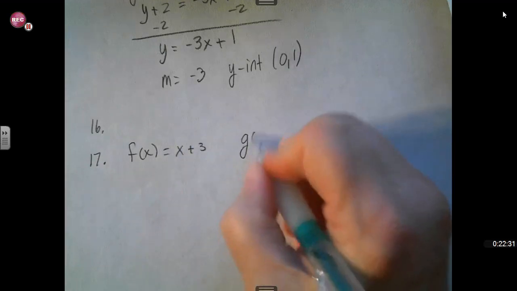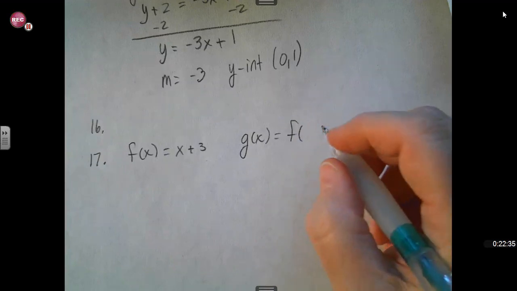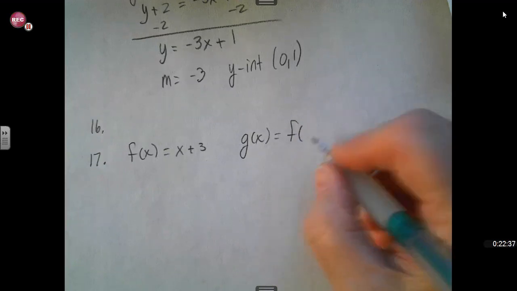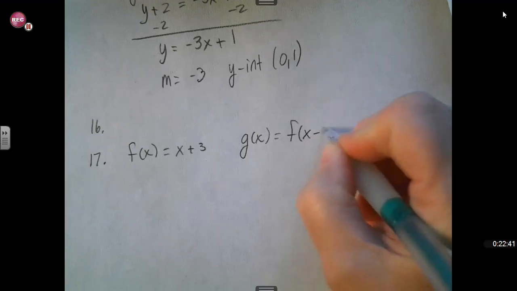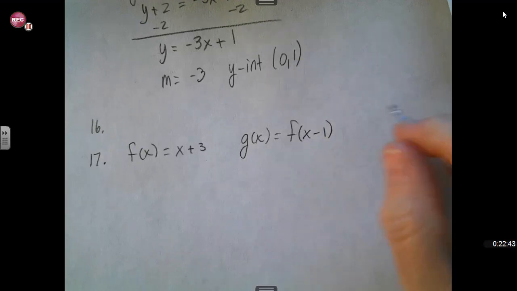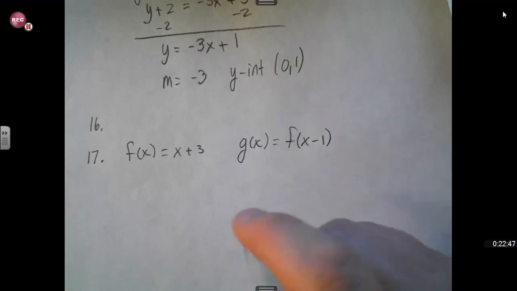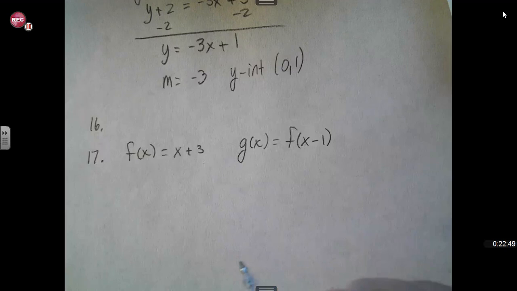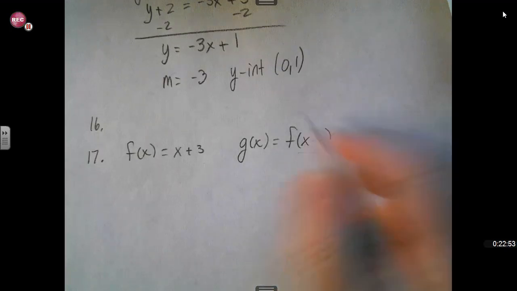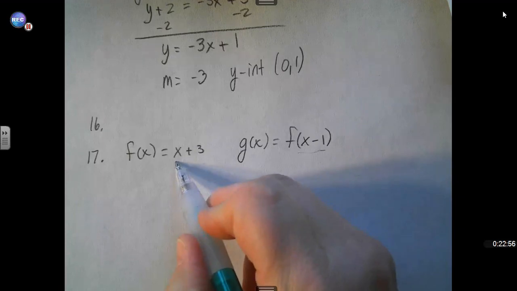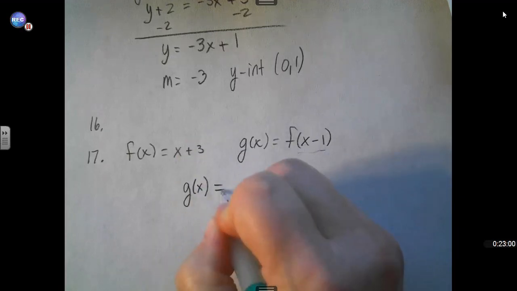And g of x is f of x minus 1. And this is just assessing whether or not we understand function notation. And what this is asking us to do is to take x minus 1 and plug it into f for x. Okay, and that gives me my equation for g.